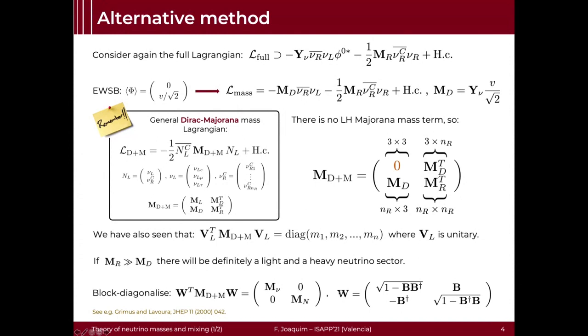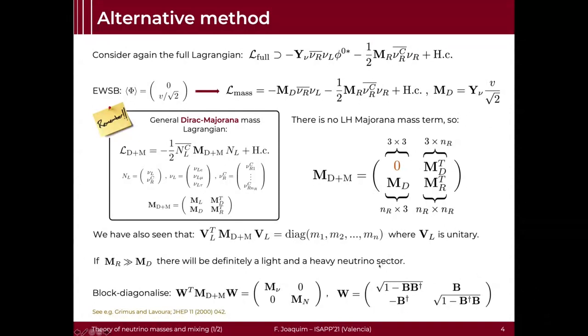So what I can do is the following trick. First, I perform a unitary rotation in such a way that I block diagonalize this matrix. The result of this will be to separate the light neutrino sector from the heavy one. We can write this W matrix in this way.